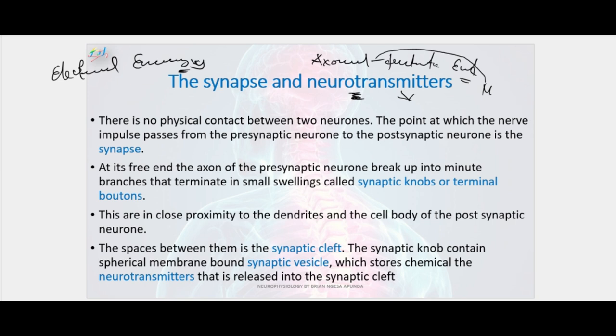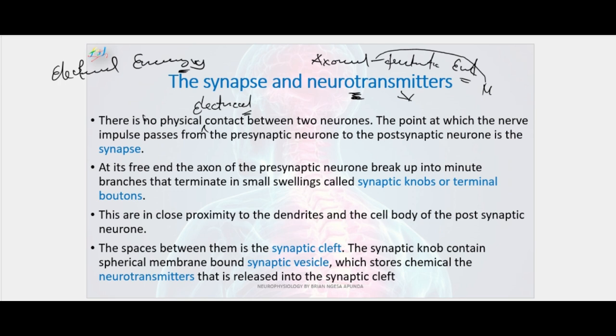This is because there is no physical contact between the two neurons, even though this is subject to debate, because when you examine it anatomically, it is not like a free space. But to be more appropriate, you can say there's no physical, and I'll add electrical, contact between these two neurons.